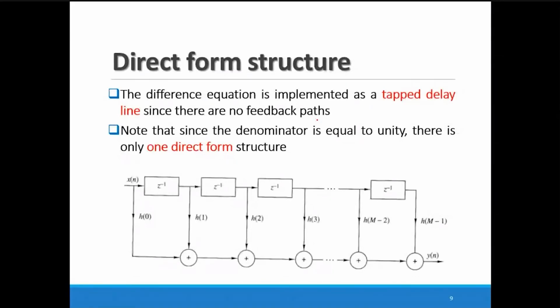Direct form 1 means you design the structure in such a way that the numerator part appears first and then the denominator part. In direct form 2, the denominator part appears first and then the numerator. But here we have only the numerator part; no denominator part exists, as it has the value unity, so we can say it has only one direct form structure for the FIR filter.